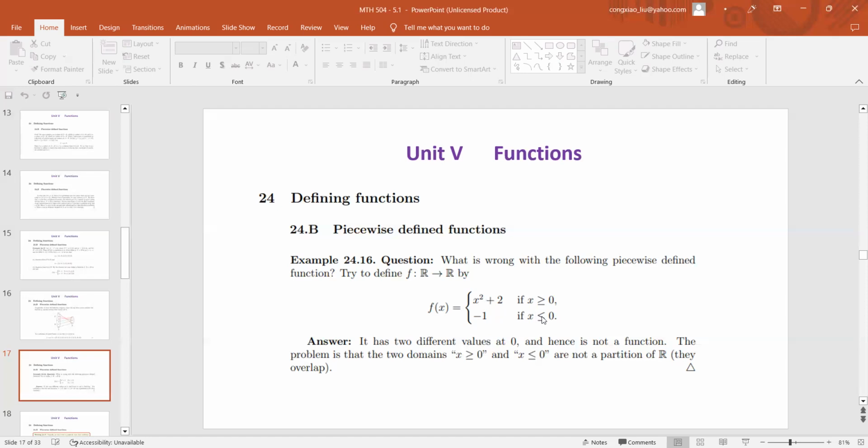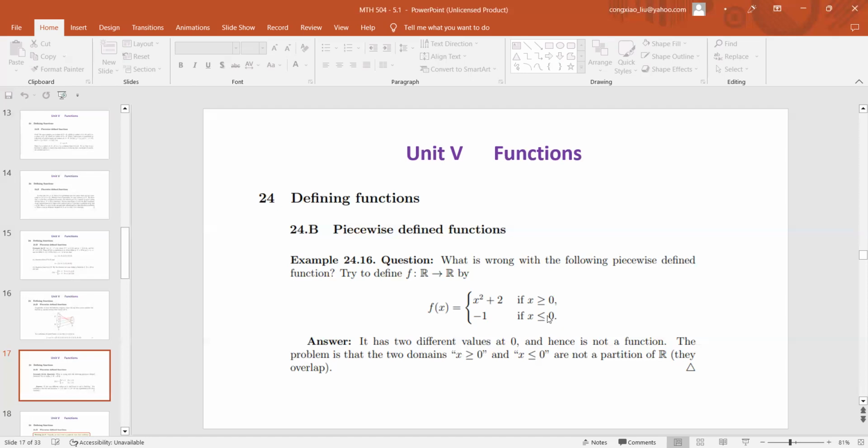So 0 in the domain has two numbers paired with it. So that's not a function, but there's a fundamental reason why it's not: even if you get the same number from these two formulas, it's still not defined as a function.